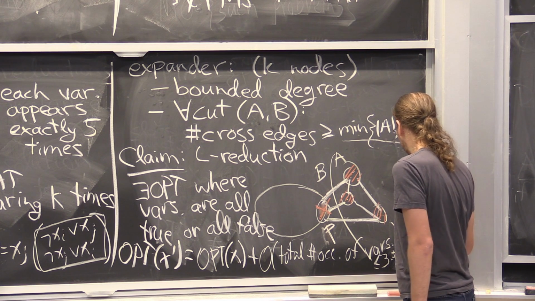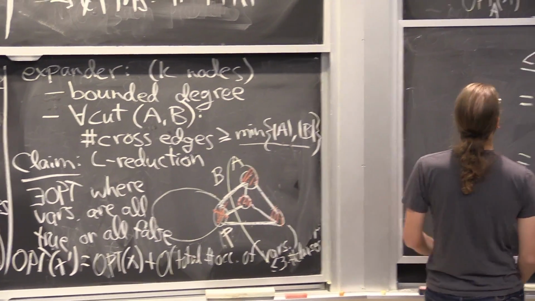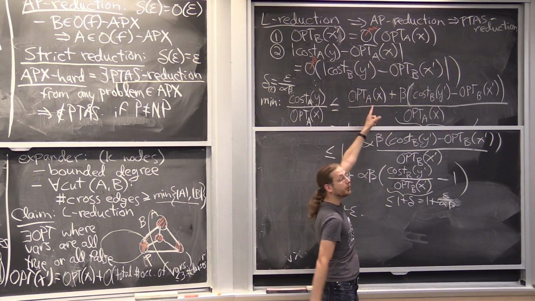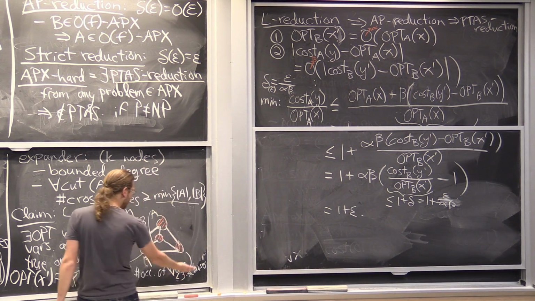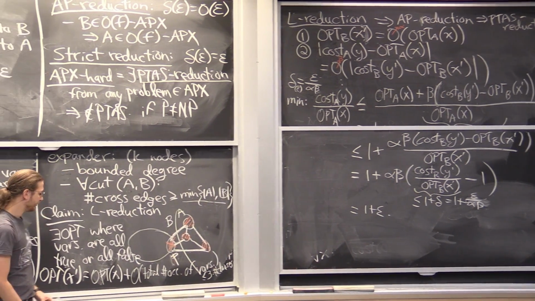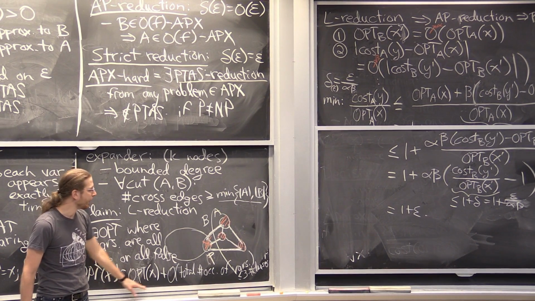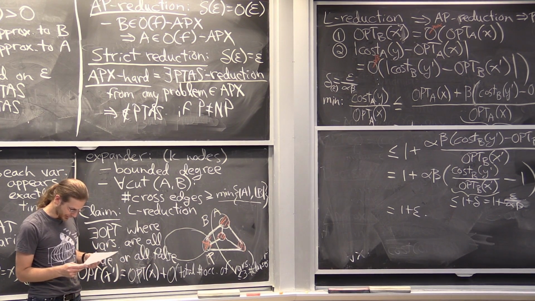So we want to know, does it satisfy this definition of L-reduction? We need to know that the opt does not explode by more than a constant factor, and yet we added this big term. But the good news is, in 3-sat, you can always satisfy a constant fraction of the clauses. So opt is always at least, I think I have written here like half of them.